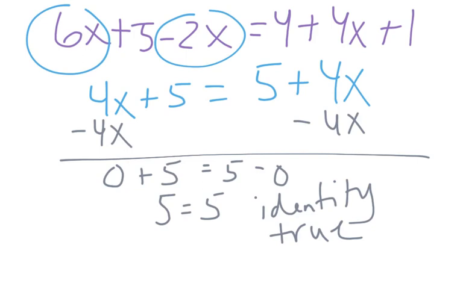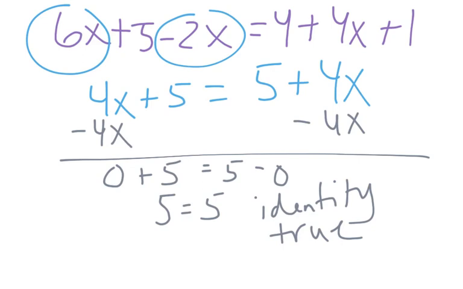If you're doing your homework and every single problem is coming out with the variables gone, you're doing something wrong. This should not happen in every problem. It really is kind of rare.